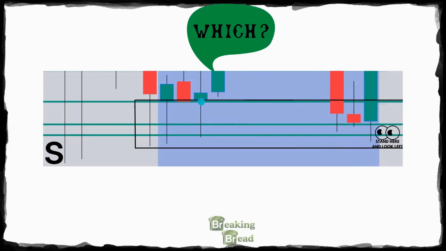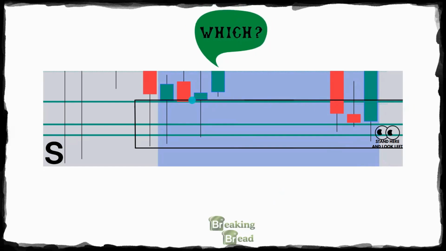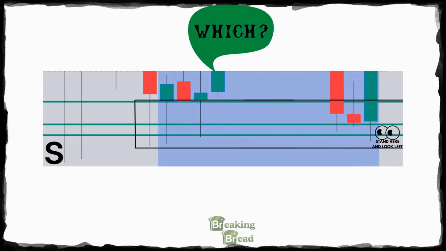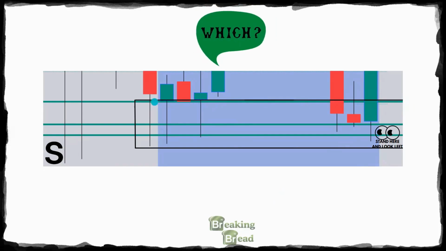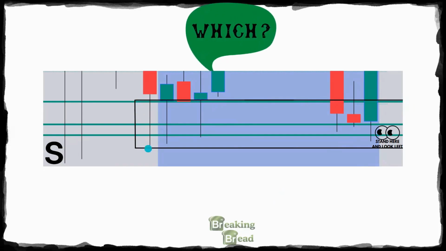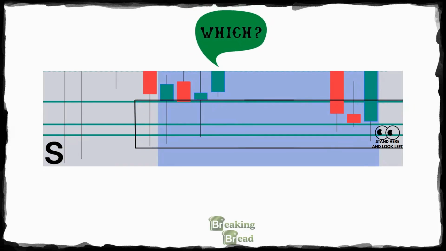So if I'm looking at this level here, and I'm like, all right, well, the bodies is clearly holding here, then I want to draw an imaginary rectangle from the bodies to the lows of this wick when we're talking about support, right? So look at it as an imaginary zone.